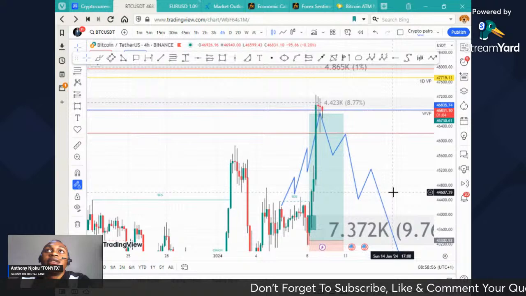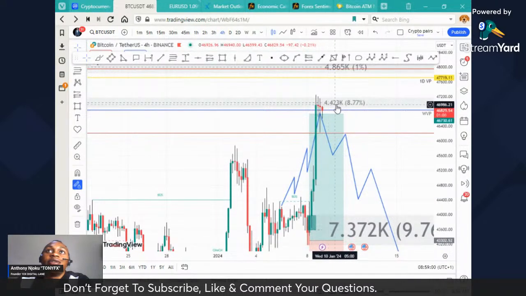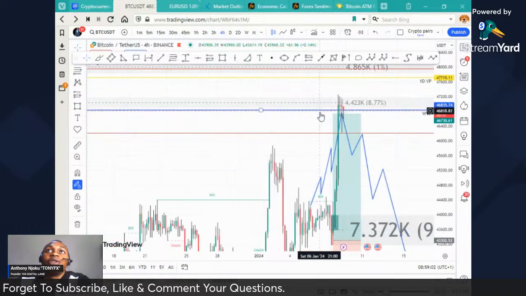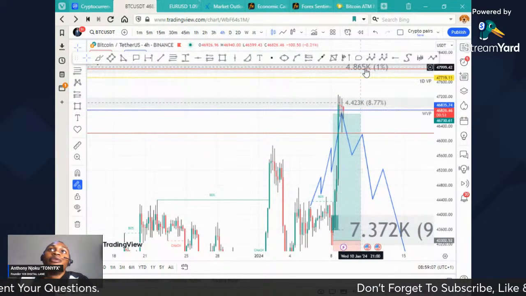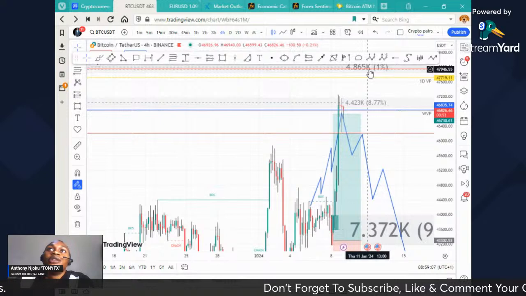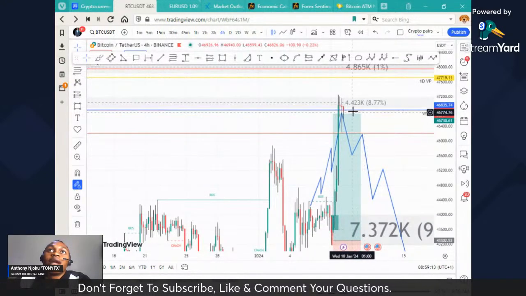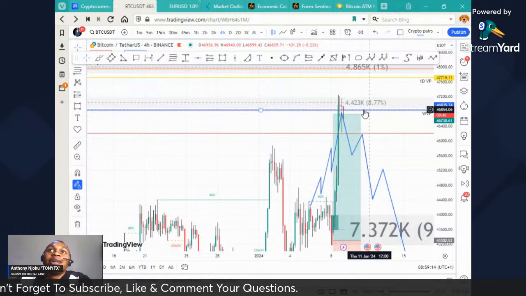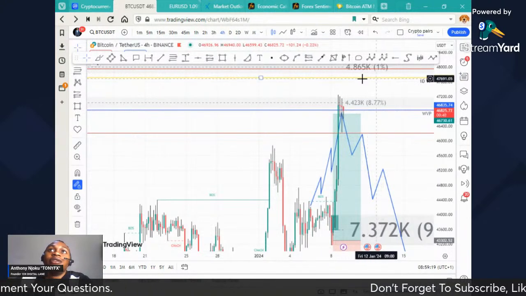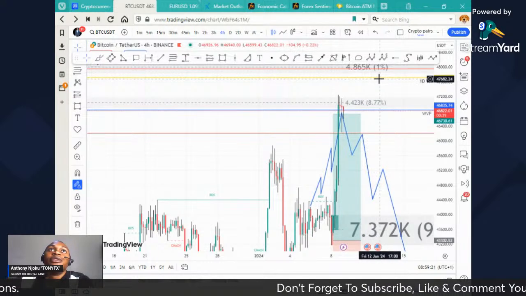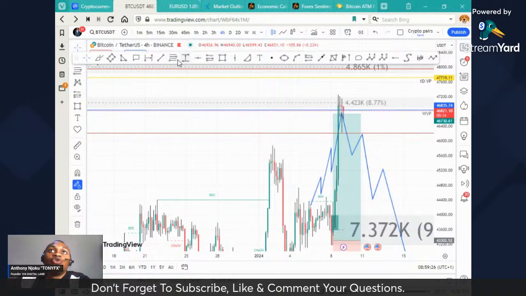Currently I see a 4 hours order block which has about 4.423k trades, and there is one more order block above here, but it's above the weekly and the daily. It's close to the daily open candle, but currently the market is at the weekly open candle of the weekly order block. This yellow line is daily open candle of the daily order block. Okay, so there is a strong confluence.